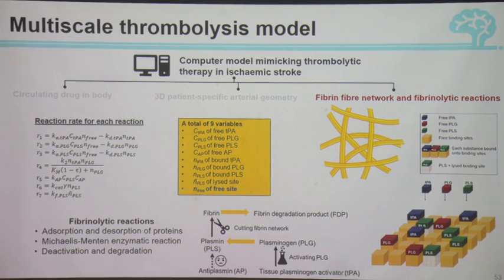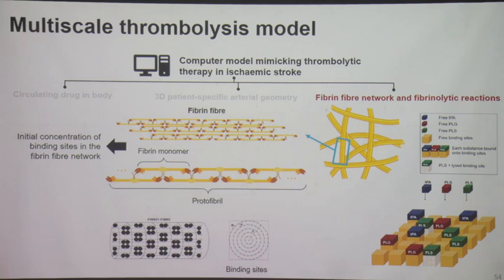These reaction equations need to be solved together with the flow equation and the transport equation of the drug. The end product is reflected in the change in the binding site, and therefore the lysis extent is reflected in the momentum equation as a change in permeability through the clot, right?